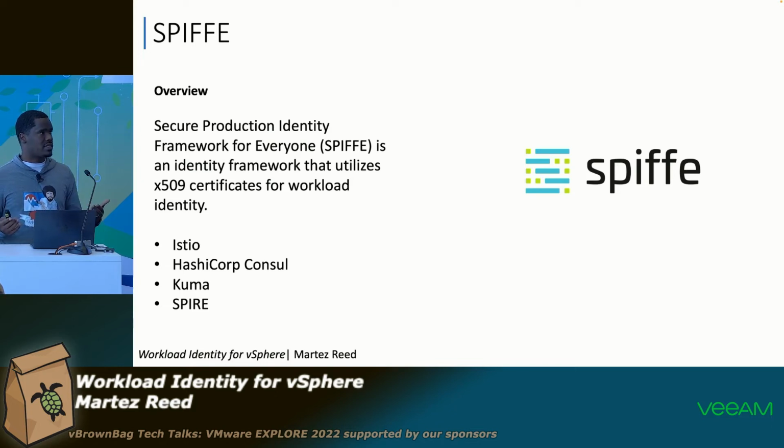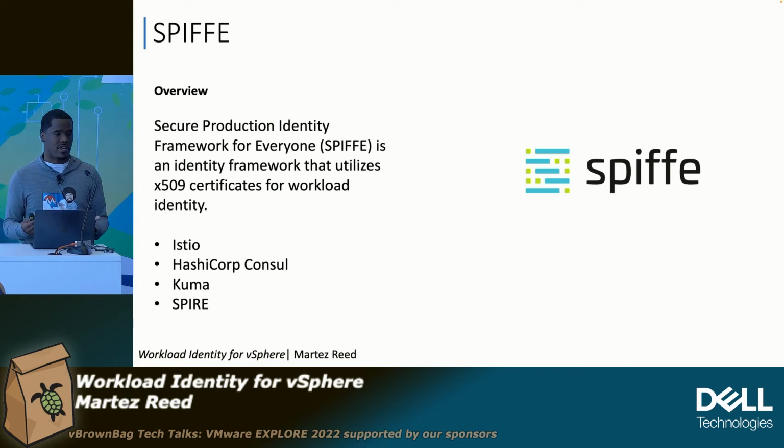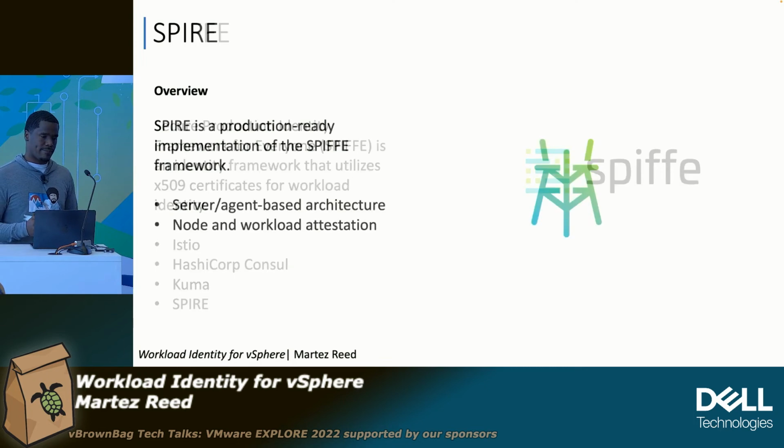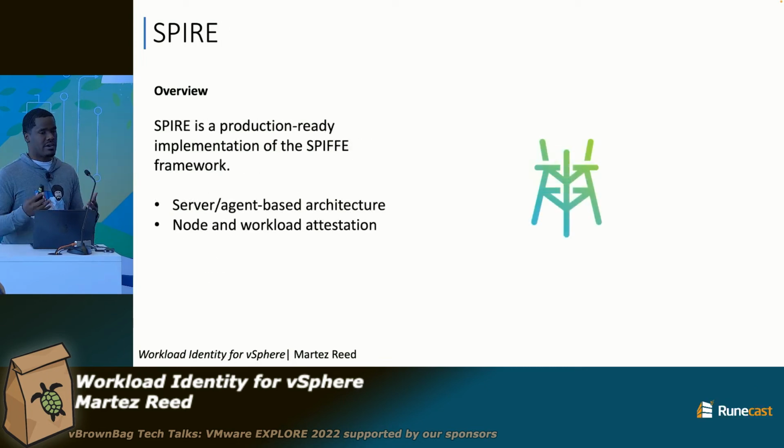So what's being leveraged is X509 certificates, one of the things that we talked about with workload identity as a means to move away from usernames and passwords, but leveraging something that the system has available to it. SPIRE is touted as a production-ready open source implementation of the SPIFFE framework.